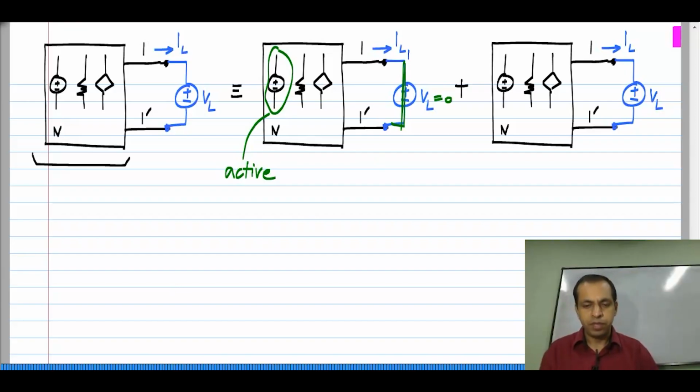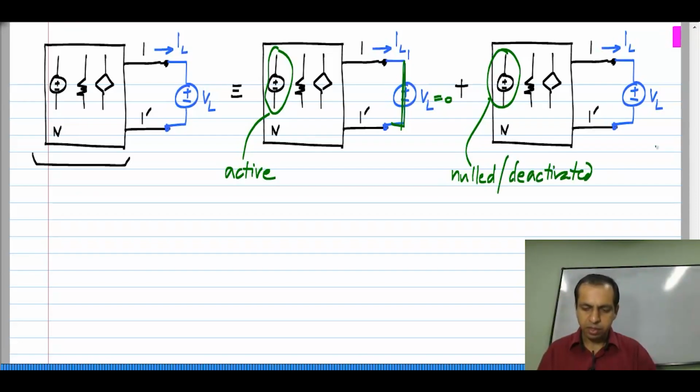And the other case is where the internal independent sources are all nulled or deactivated. I will have only this VL active and I compute IL2.